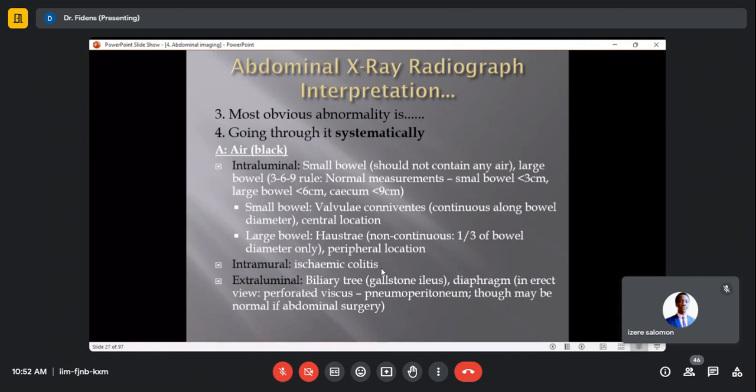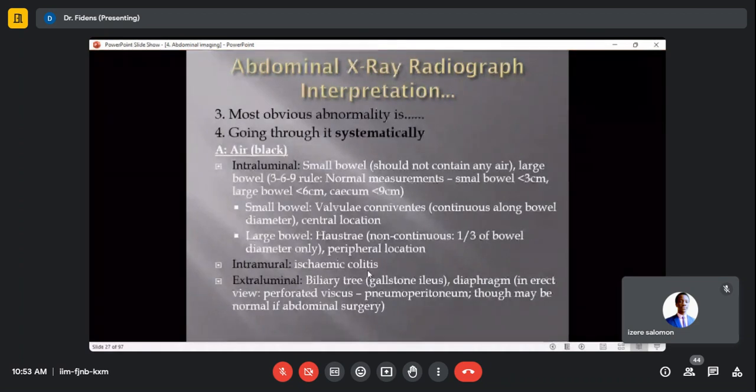Or there are some other diseases, like for neonates, you can have necrotizing enterocolitis. I will see it later. There are some other pathologies where you can have air in the wall of the colon or the bowel loops.